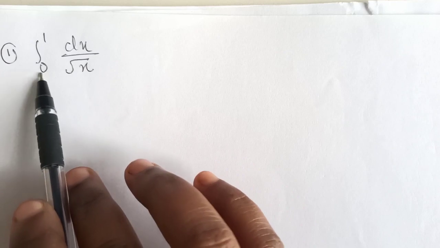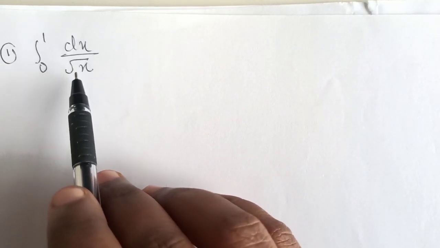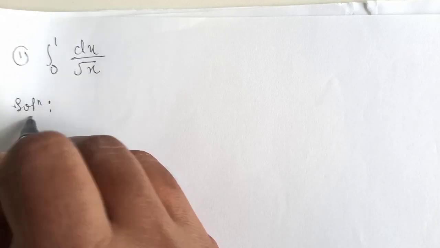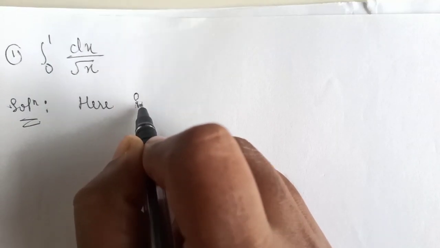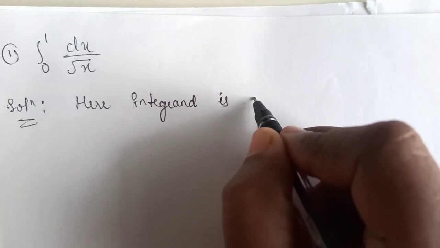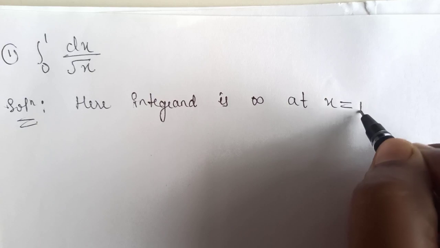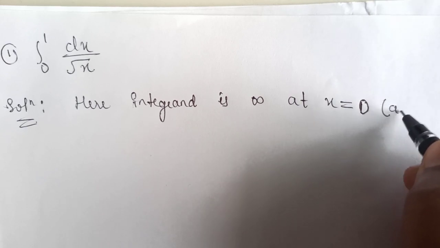We can observe that both the limits are finite, but this integrand is infinite at x equals 0, since 1 by 0 gives infinity. So the integrand is infinite at x equals 0, that is, at the lower limit.